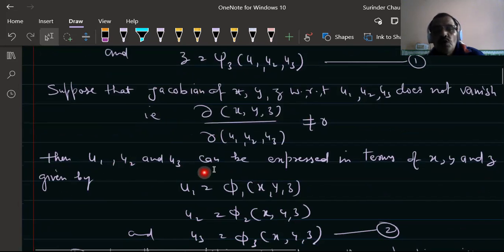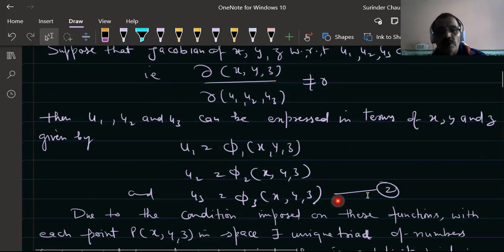Then, if they are independent, u1, u2, u3 can be expressed in terms of x, y, z, also given by u1 equal to phi1 of x, y, z, u2 equal to phi2 of x, y, z, and u3 equal to phi3 of x, y, z.